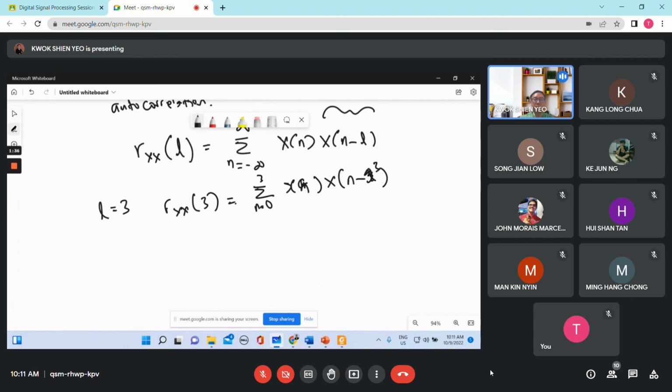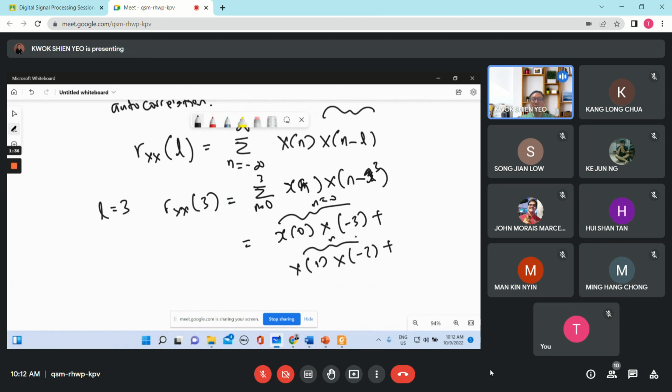Write down the equation here. x0 times x minus 3, this is when we iterate for n equals 0, plus x1 times x minus 2, this is when n equals 1.